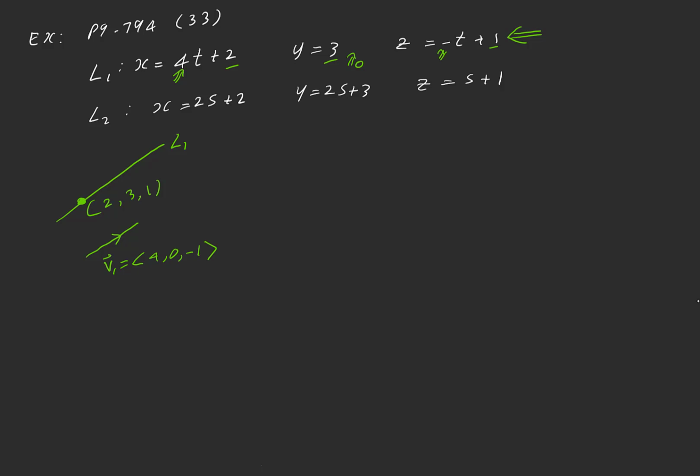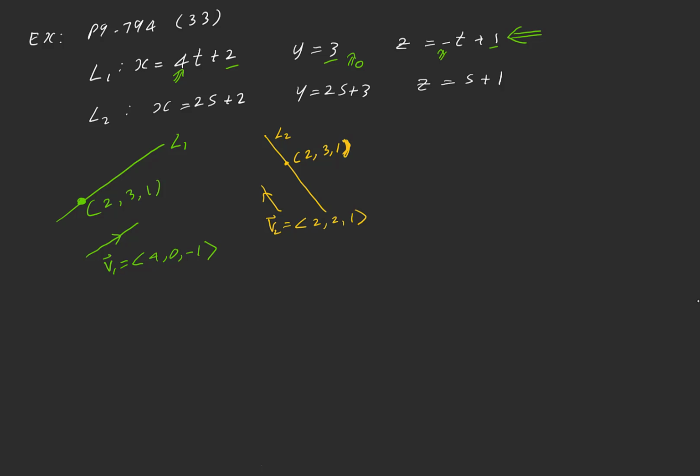Then let me consider L2. I use a color for this one. Similarly, we know a point on the line, that is 2, 3, 1, and we also know the direction vector of this line, V2, that is (2, 2, 1).